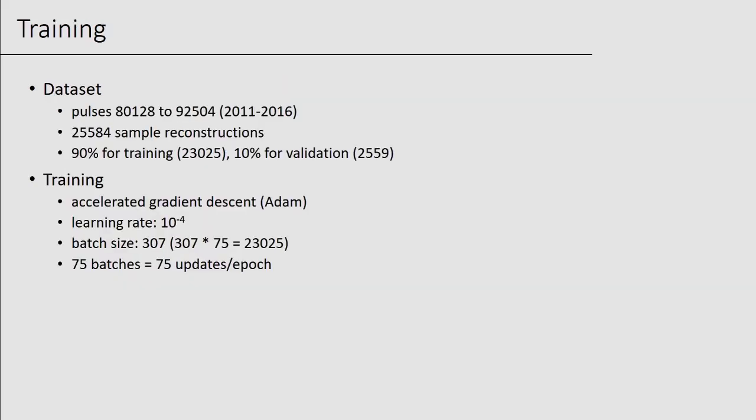All right, so how do we train this network? We grabbed all the experiments from the past 5 years, and the past 5 years is 2011 to 2016, because JET has stopped operation for a while, they are upgrading the reactor, okay? And it will begin operation again very soon, perhaps even this year, if not, next year at the earliest.